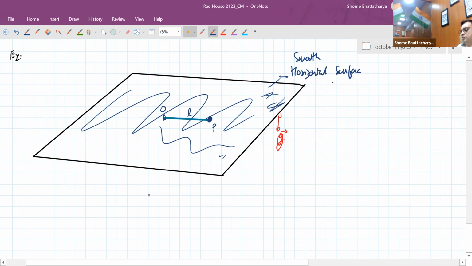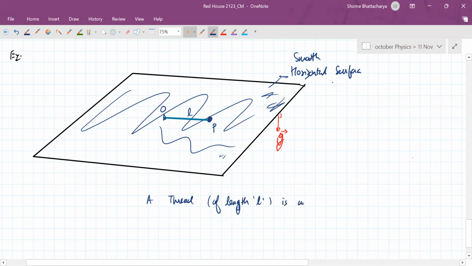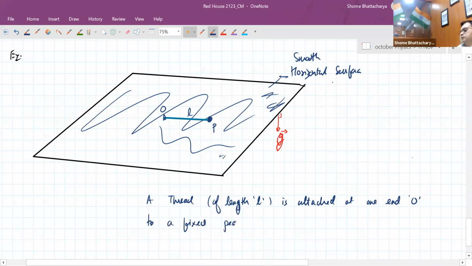So this is a thread of length L attached at one end to a fixed peg or nail or something like that, such that it can rotate freely around it.